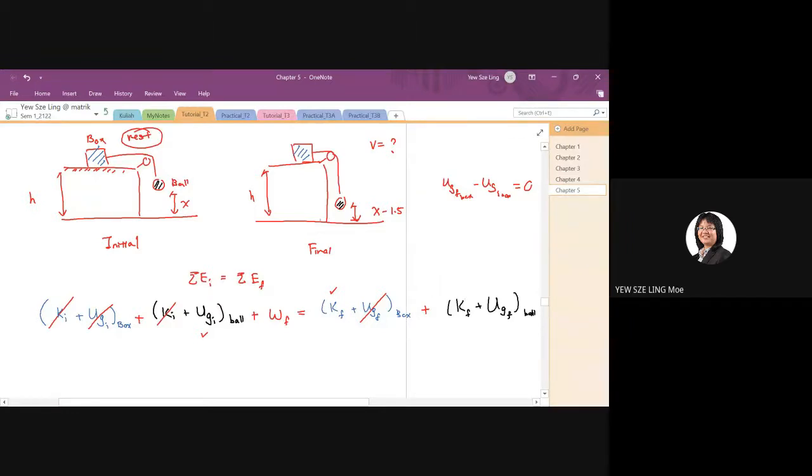It hasn't reached the ground yet, so yes, it has a non-zero velocity and a non-zero U. It just tells you the object drops for 1.5 meter. But you don't know whether after it has fallen for 1.5 meter, it still has any height or not.